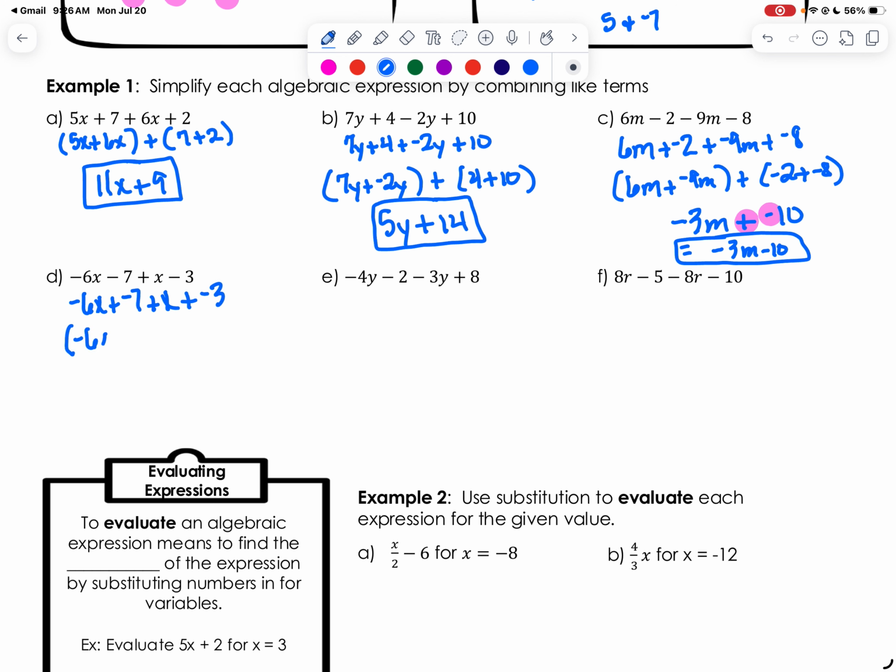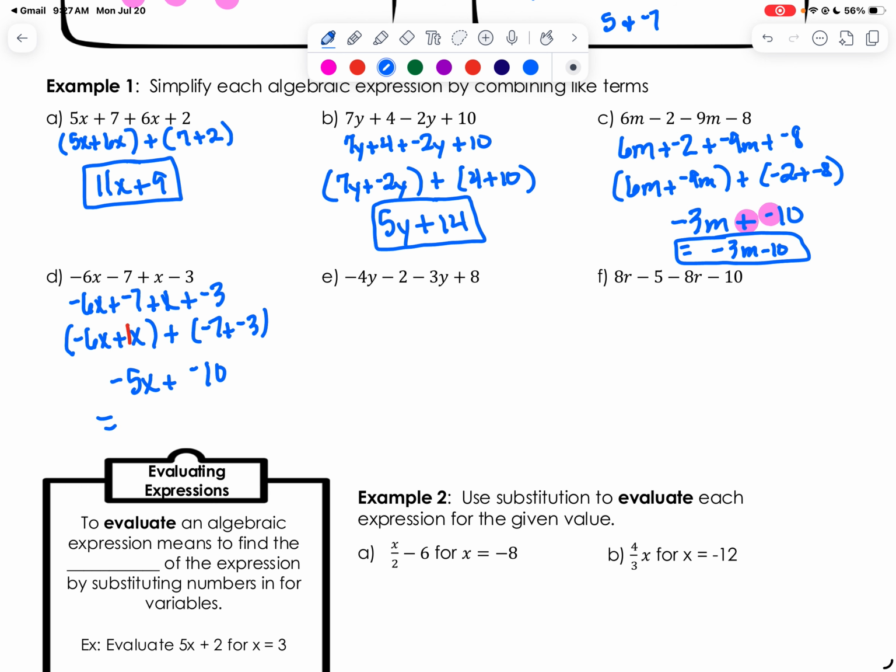Then I'm going to combine negative 6x plus x and negative 7 plus negative 3. So remember, x is understood 1x. So negative 6 plus 1 would be negative 5x plus negative 10.